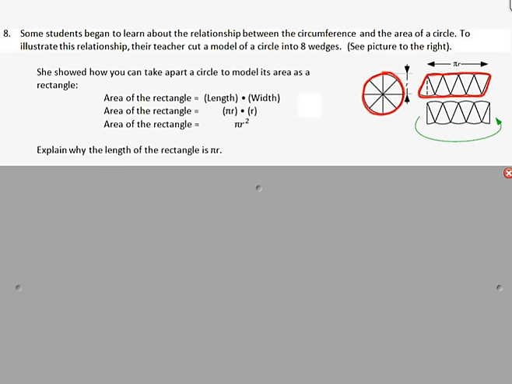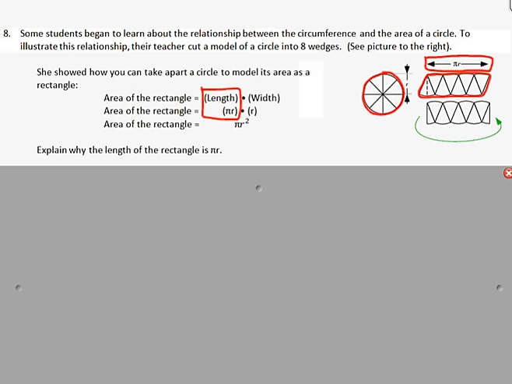Any parallelogram is going to be base times height in order to find area, or in this case, they're using length times width. What we need to do is figure out why they are using pi times radius to represent this length of the rectangle right here. That's what you need to explain.